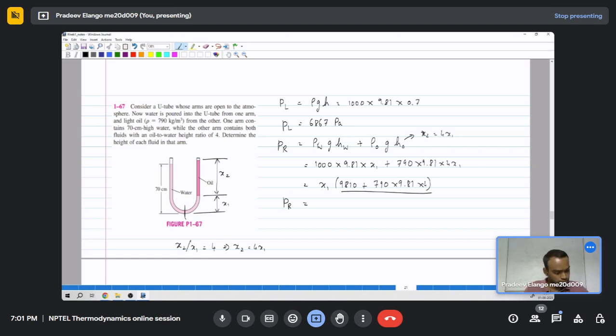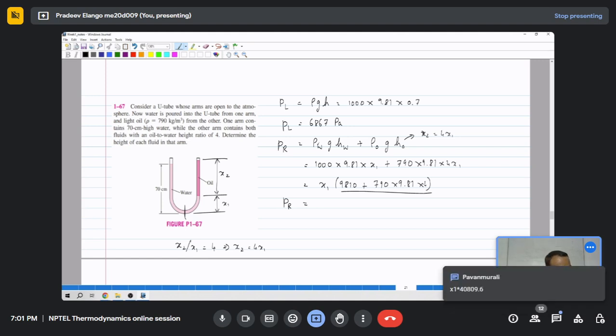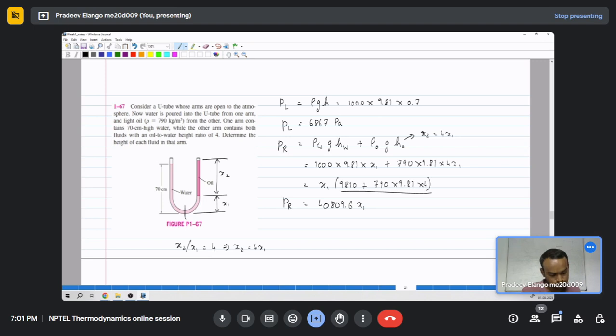This is 40.89. So we have 40.09.6 x1. Now we can equate the pressure on the left and right hand side.